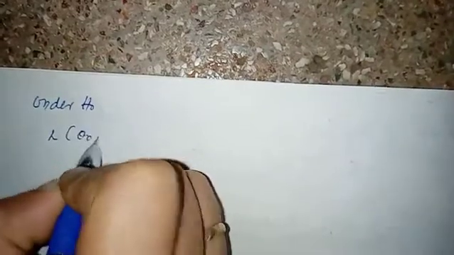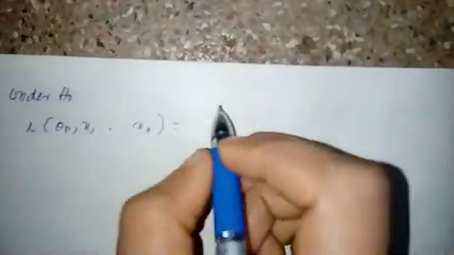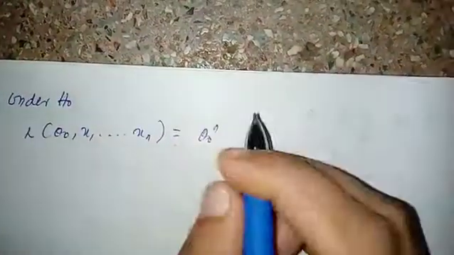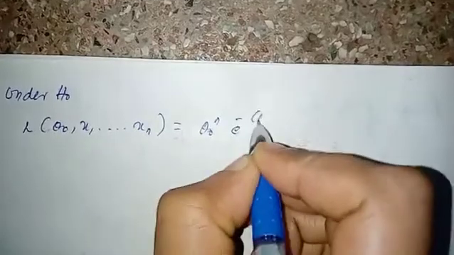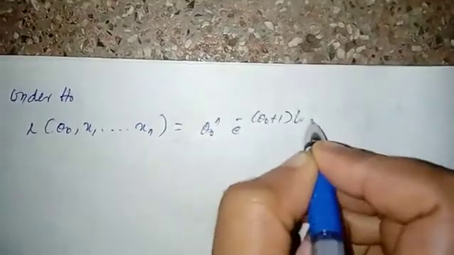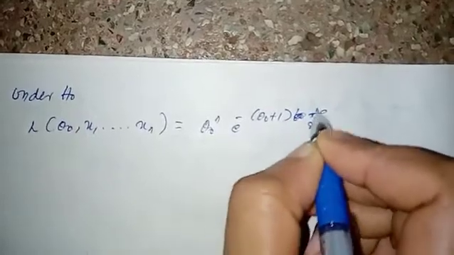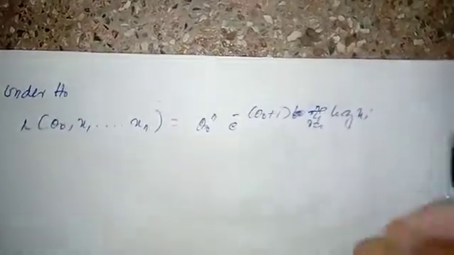Under H0 the likelihood is theta naught; x1, and so on, xn, which is equal to theta naught power n e power minus theta naught plus 1 summation i = 1 to n log xi, right?